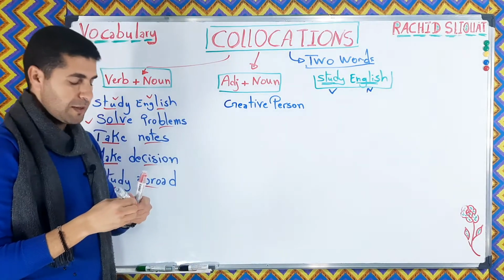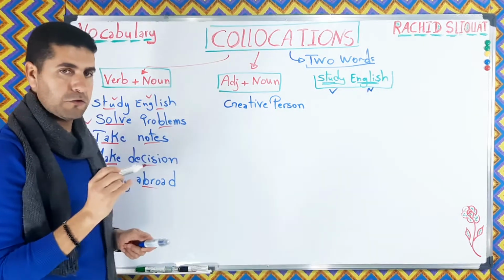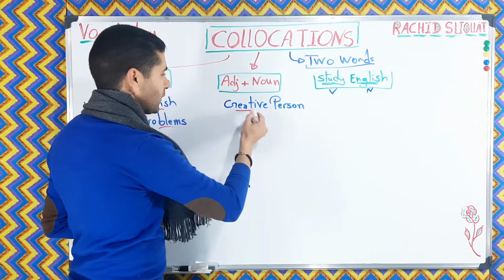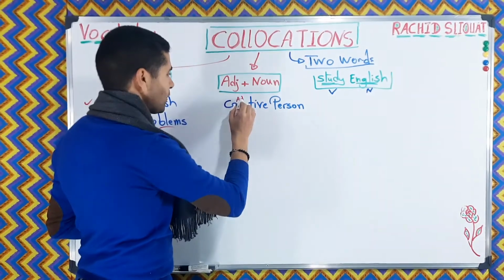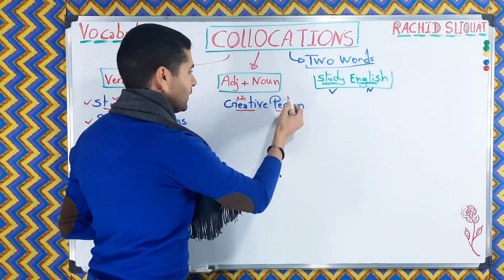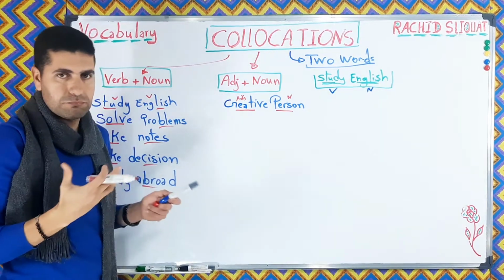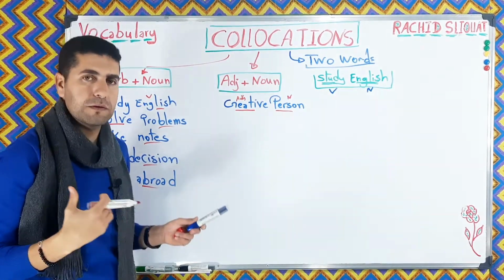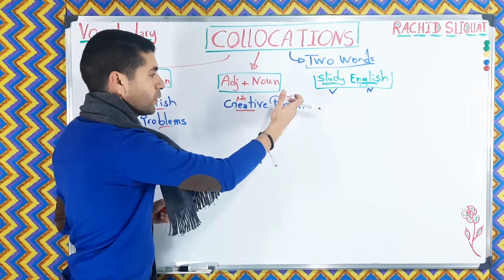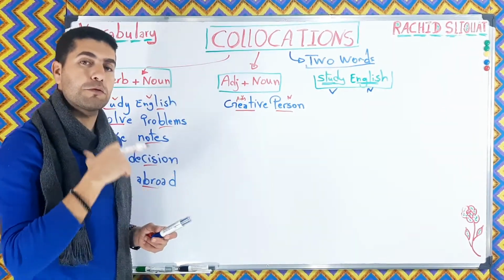Creative person. Now, if you look at this collocation, creative is an adjective, and person is a noun. This is to describe the person, to describe the noun.